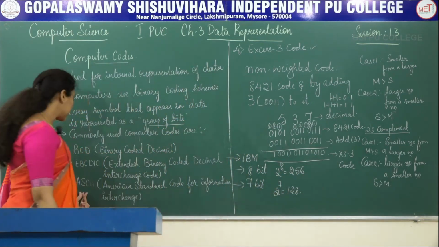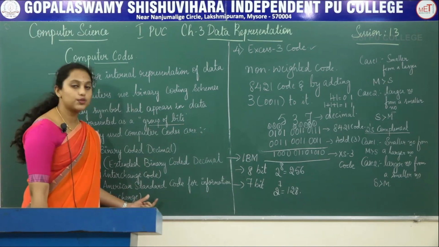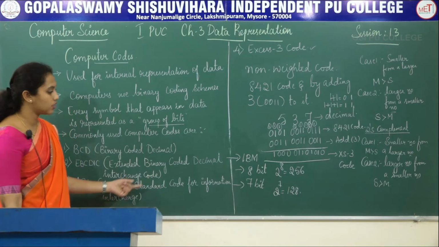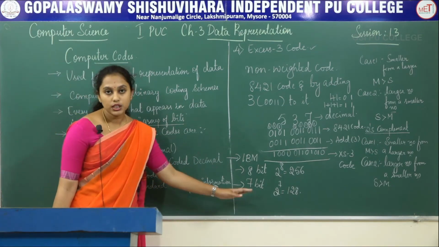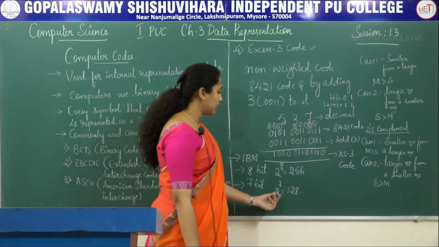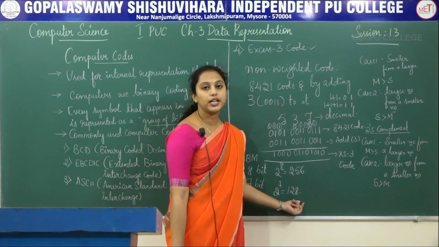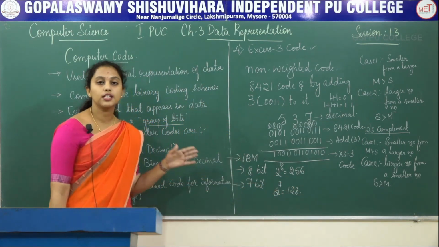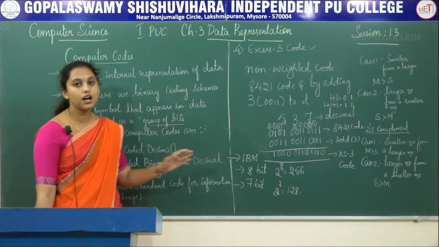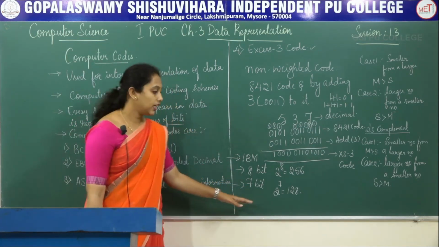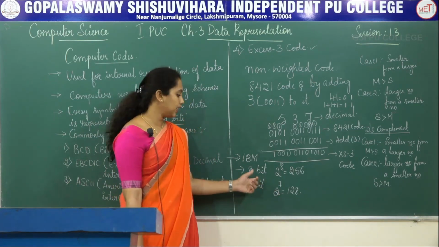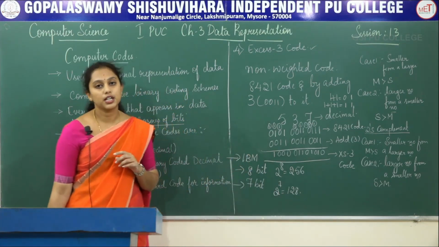Next is ASCII, which stands for American Standard Code for Information Interchange. It is a 7-bit code. Using this we can represent 2 power 7, that is 128 characters. The first 3 bits represent the zone bits and the last 4 bits represent the digits. ASCII is used in microcomputers, and EBCDIC is used in mainframe computers.